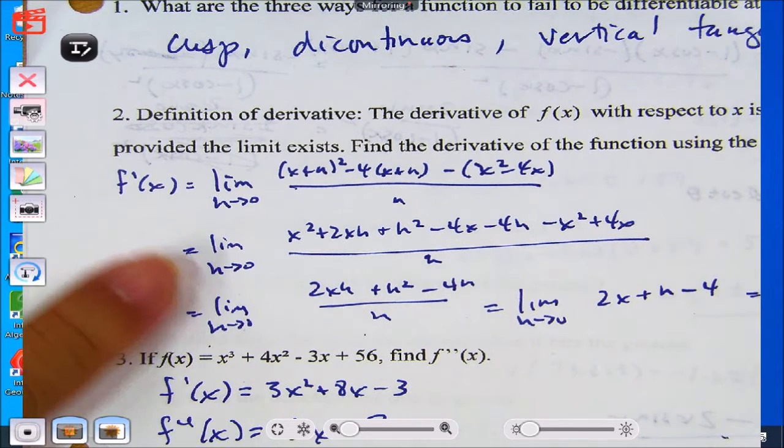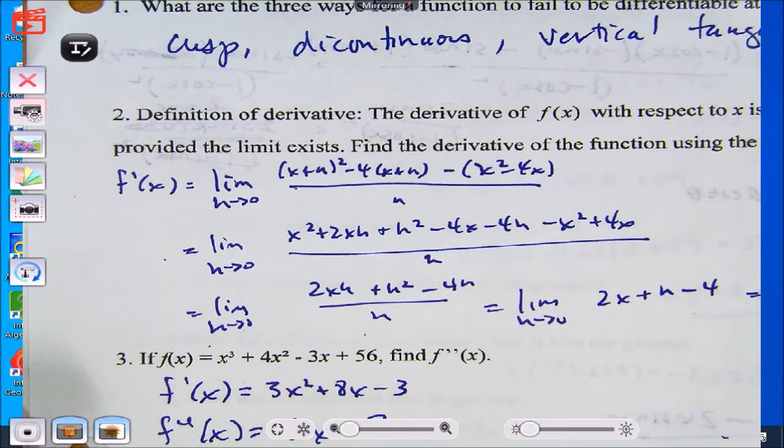Even the product rule can be developed using this. It's a really complicated one, but you can use it. Once you've got it, you have a rule.